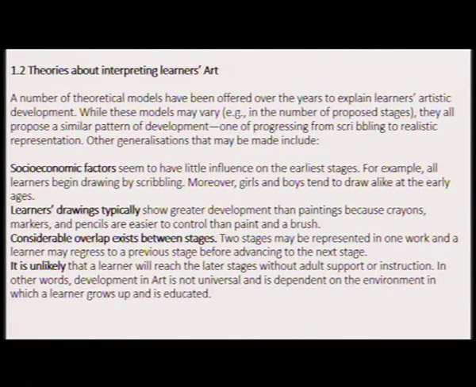The learner has no idea of what they are drawing, but they are putting marks on a piece of paper, using the pencil or the pen that they have access to. Moreover, girls and boys tend to draw alike at the earlier stages. So you won't be able to differentiate whether it was a girl's drawing or a boy's drawing. It's mostly the same drawings that they put down.